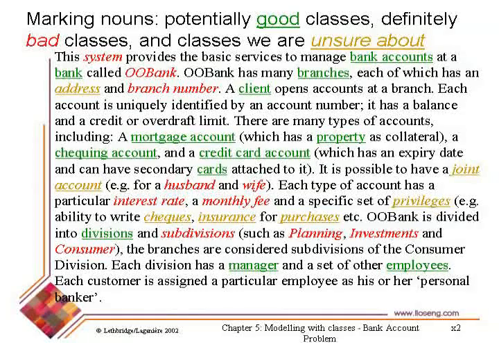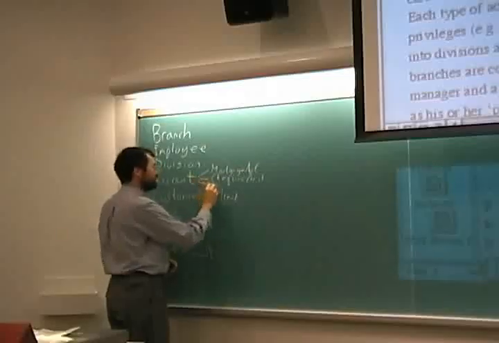Anybody else think of any other classes in this list that we might want to have? Yeah. Mortgage account, checking account, credit card account. Okay, what I'm going to do there is I immediately know that I already have an account. So I'm going to put mortgage account, checking account, and what's the other one?